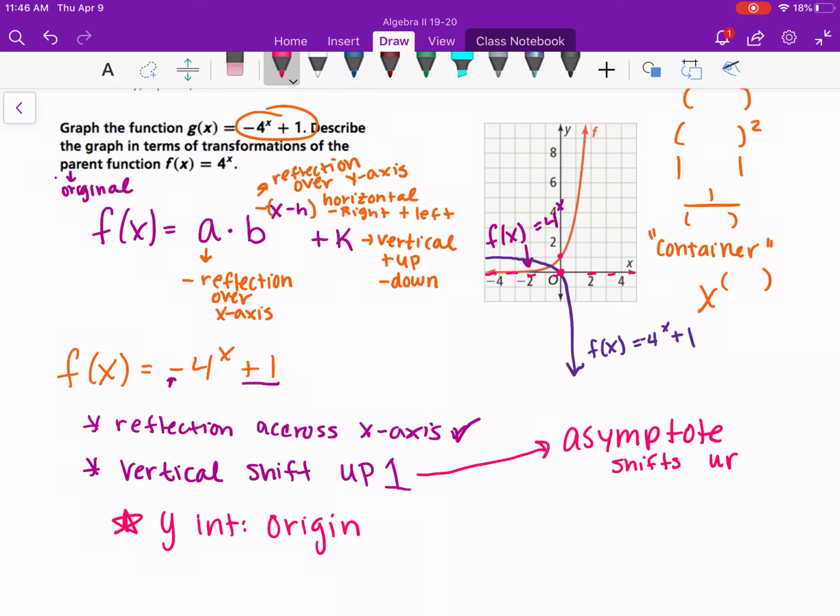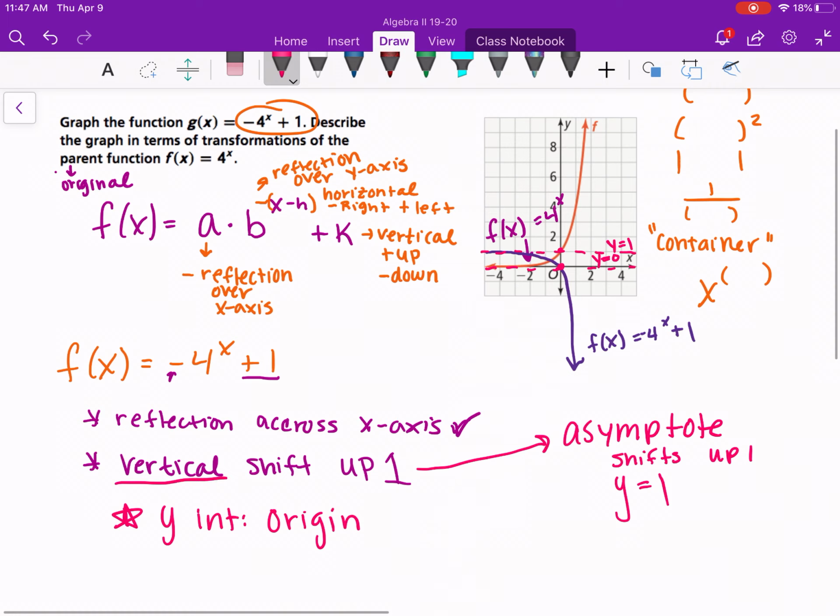So the asymptote shifts up 1, which means the line that's the x-axis used to be y equals 0. Now, since we've shifted 1 up and our new asymptote is up 1, it's at the line y equals 1. So we would say the asymptote is now at the line y equals 1. But if you know that the vertical shift relates to the asymptote, then you know if the vertical shift is up 1, then the asymptote moves up 1.